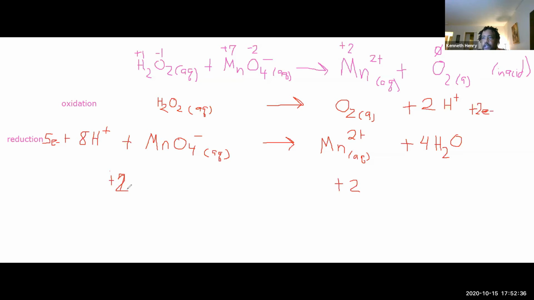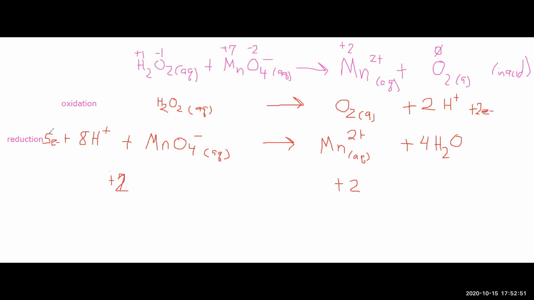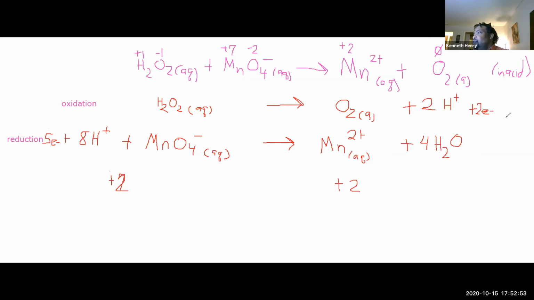What about numerically? Oxygens, are they balanced? Everything's balanced, magnesium's balanced, everything's good to go, right? Yeah. Okay, so we can add up the 2 equations. I have 5 electrons over here, I have 2 electrons over here. What do I need to do to make them balanced? Multiply.